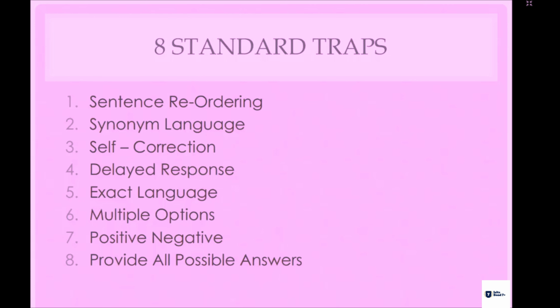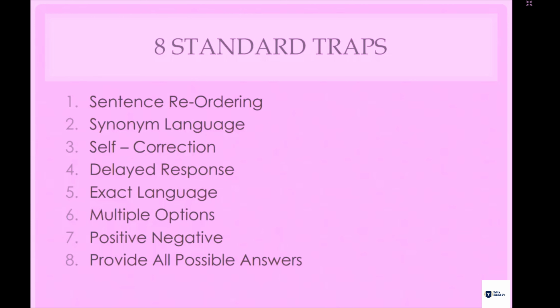All right. And what I'm going to do as I'm going through the practice with you is help you understand how to recognize these traps and how to get past them so that you can always get the right answer. So here are our 8 standard traps that they use, traps to make you get the wrong answer.